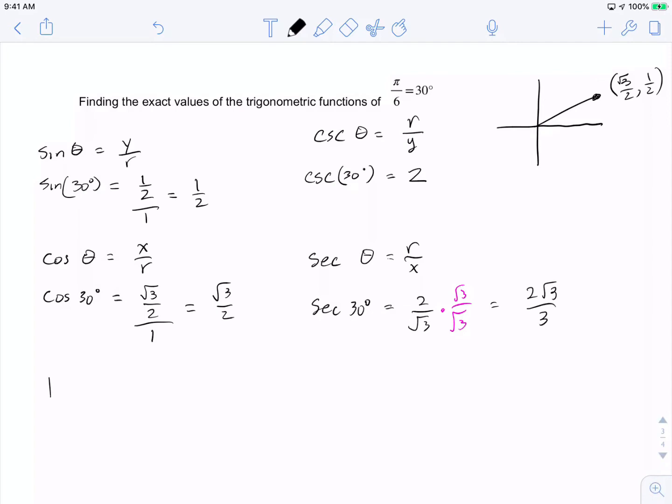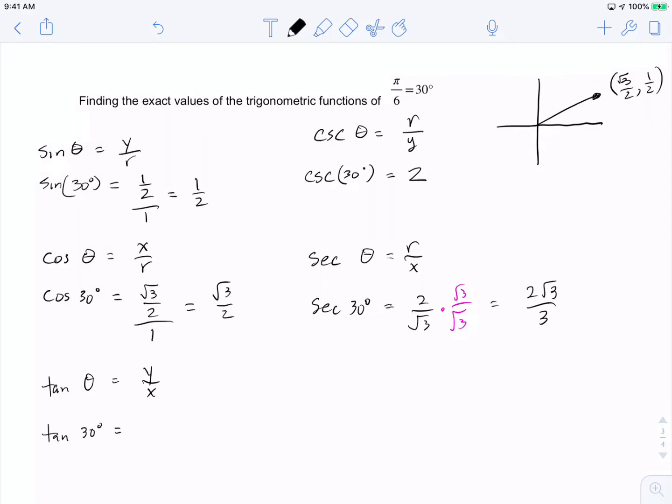All right. Tangent theta, remember, is y over x. So then tangent of 30 degrees is going to be 1/2 over radical 3 over 2, which will yield 1 over radical 3. And when we multiply top and bottom by the radical, we're going to get radical 3 over 3.